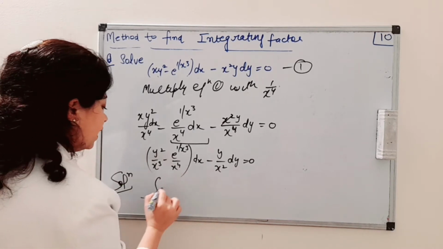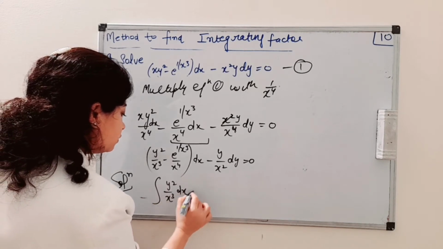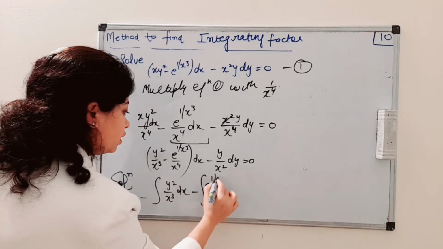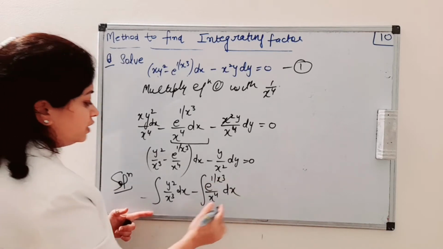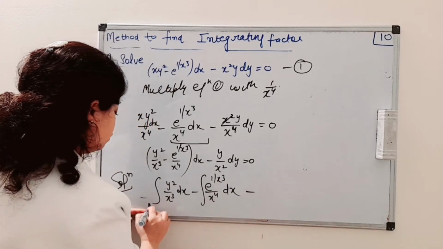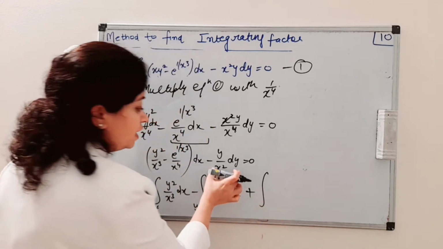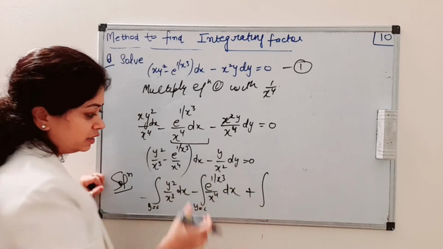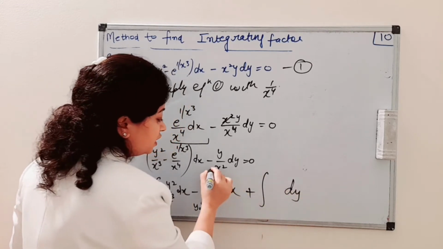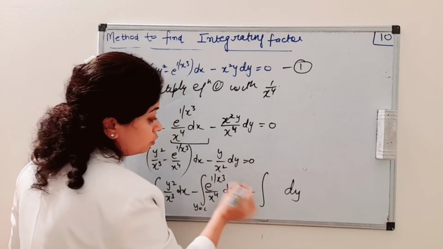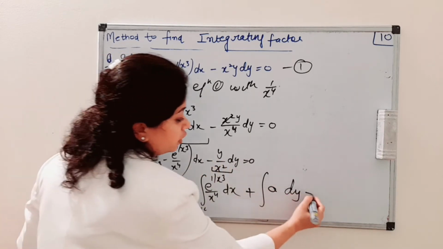The solution is ∫M dx, treating y as constant, plus the integral of terms in N not containing x, dy. But there is no term not containing x. There is only one term and it contains x, so we will write 0 here, equal to c.